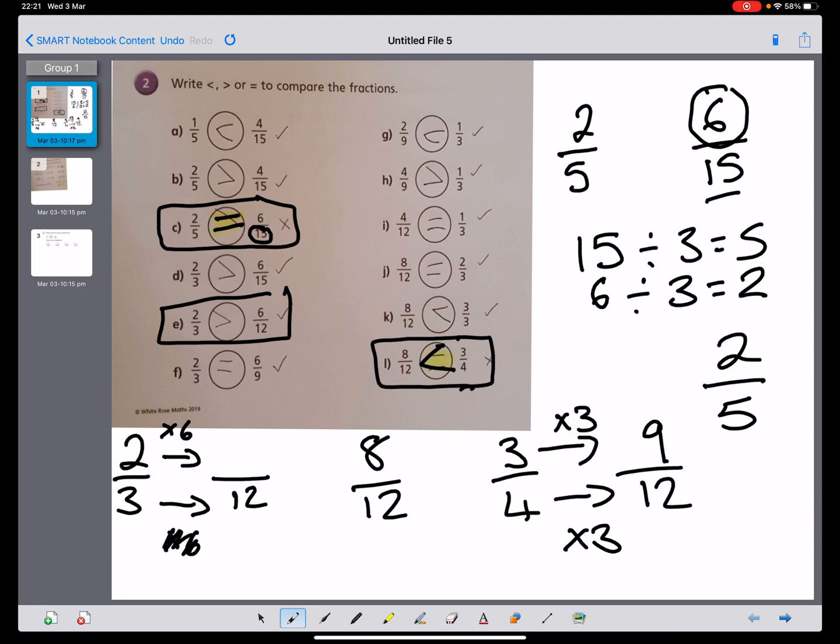No, I've done that wrong. I multiply 3 by 4 to get to 12, which means that I need to multiply 2 by 4, which then gives me 8 over 12, which is why this person was right. 2/3 is larger than 6/12. Okay, it's about knowing your multiplication and division facts.